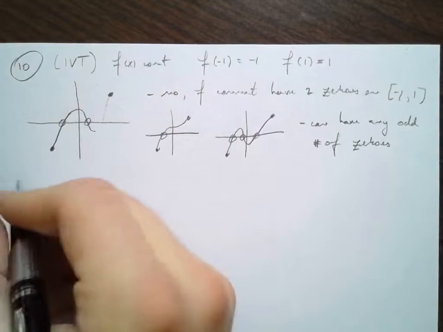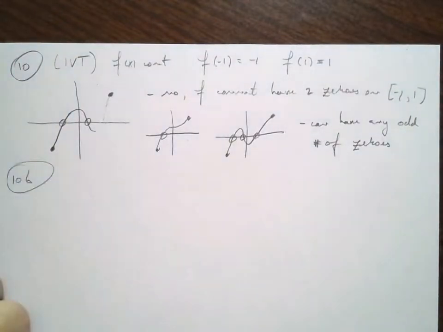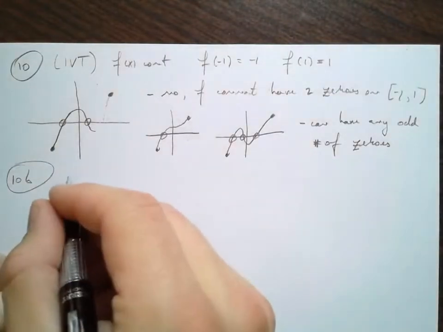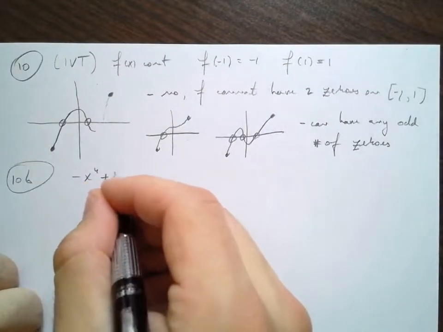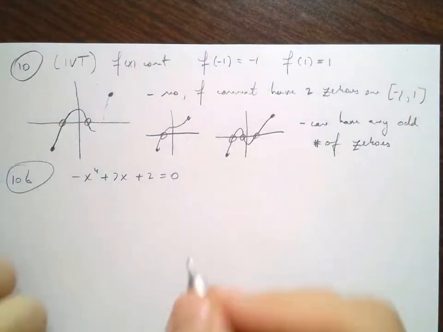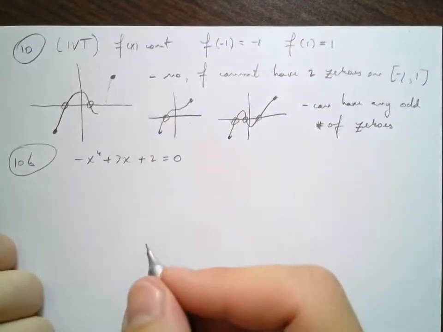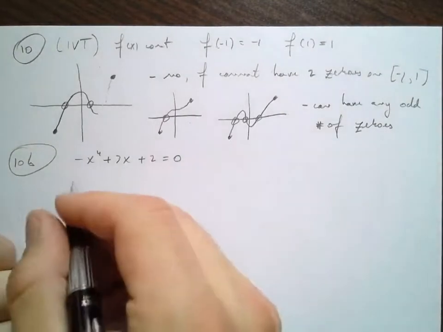Now let's do 10b, which is saying to argue without solving for x that there are at least two solutions to the equation negative x to the fourth plus 3x plus 2 equals 0. And the hint says to use the intermediate value theorem, of course.